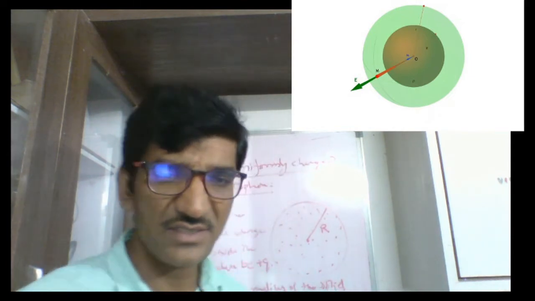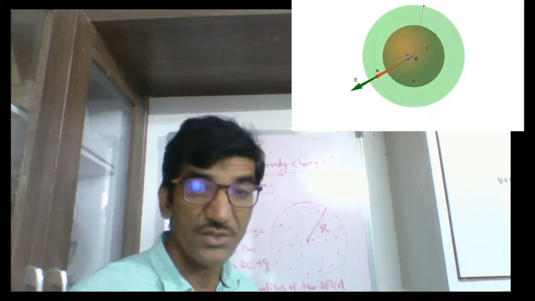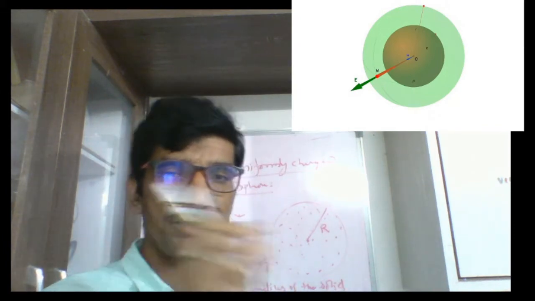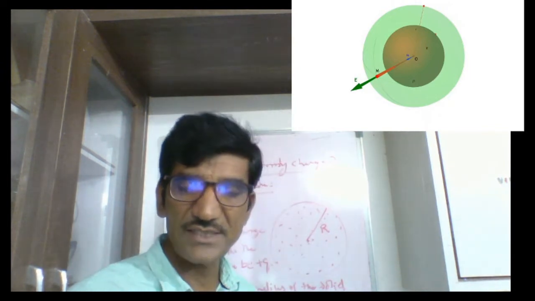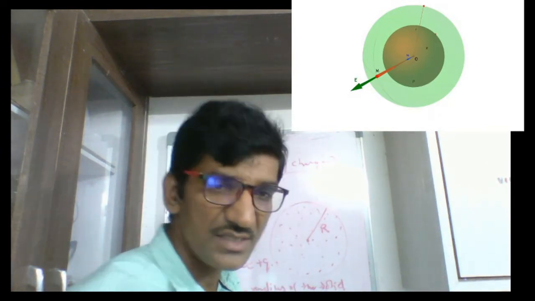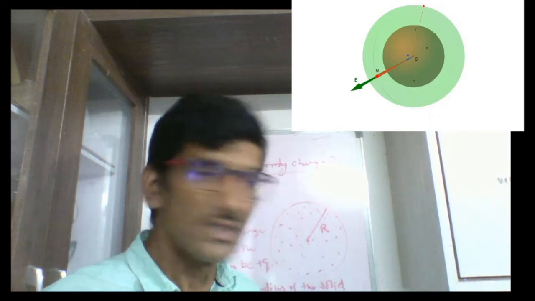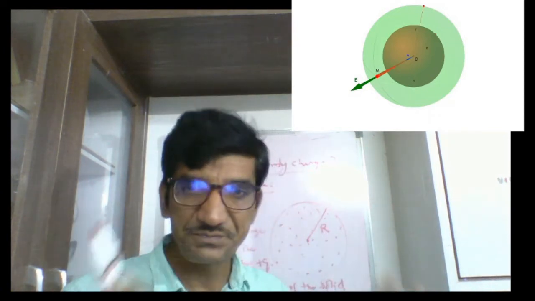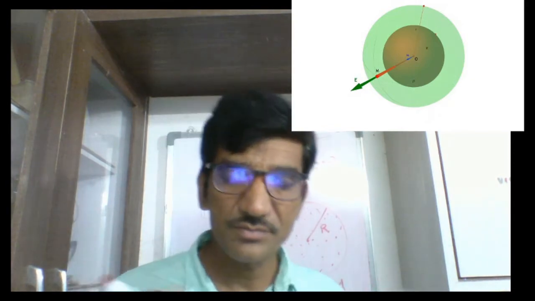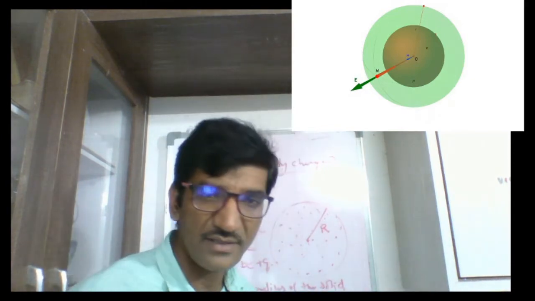A point object is a structureless object, because you need not think about the internal structure of that minute point. Now it is not a point object, so it must have some internal structure and some specific shape. So here your problem is somewhat more complicated than the point charge.